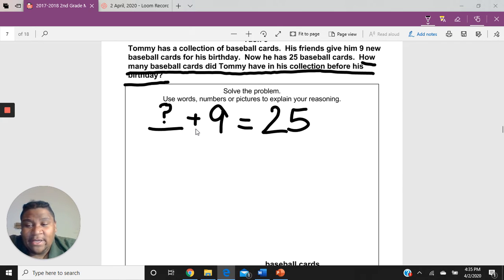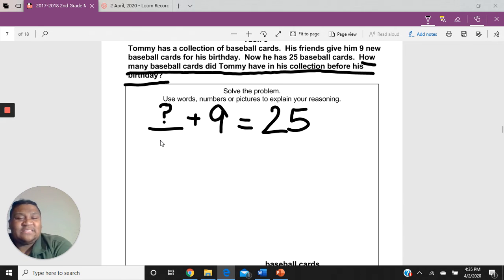All right, we do not know. So we know that this number is going to be smaller than this number because we added to get to this number. So I can use this same number and take from to get to this number.